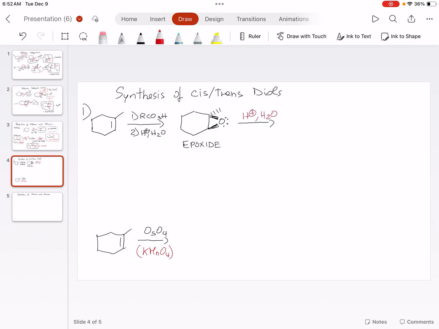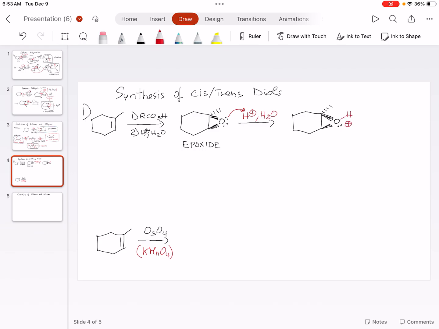So the H plus is used to protonate the oxygen. So the oxygen will attack the hydrogen. The reason for this attack is to make sure that then the oxygen becomes a good leaving group. So oxygen is going to bond to the hydrogen, and it becomes positive.